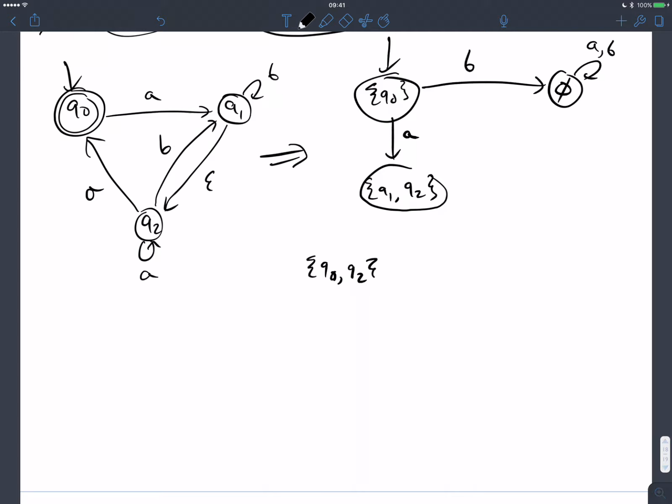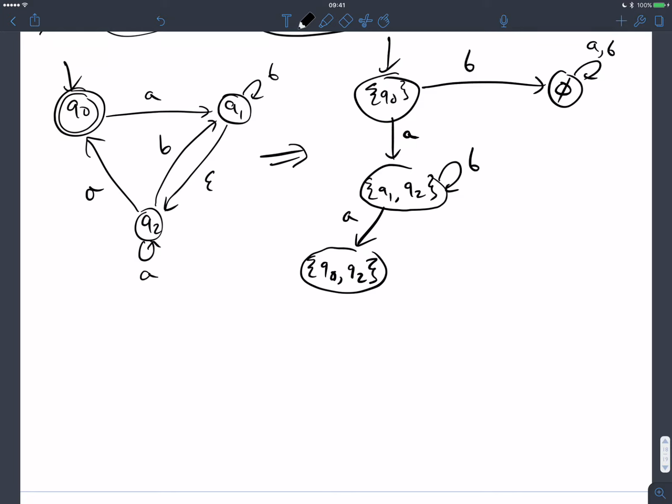I don't have that state already, so I make a new state. Q1, Q2, where can I go on input B? Well, where does Q1 go? Itself. Where does Q2 go on B? Q1. So the only thing I have is Q1. What's the epsilon closure of Q1? Q1, Q2. Do I have that state already? Yes. So I make a self-loop.